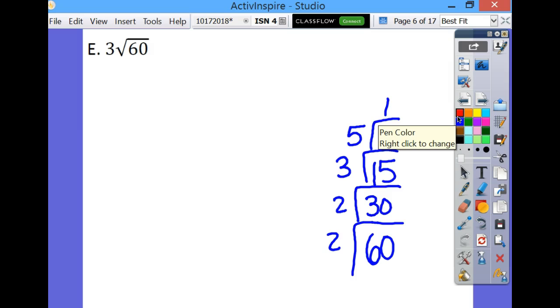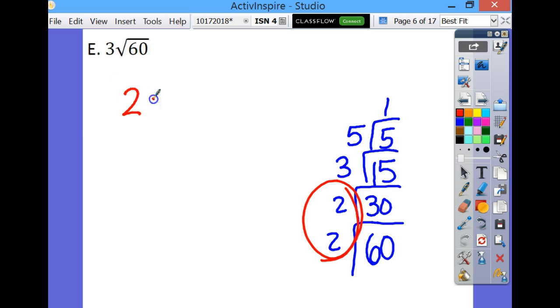Why do we do this? We're looking for pairs. What pairs do we have? And my unpairs are 3 and 5 and 1. And we also have this 3 that was already out in front.